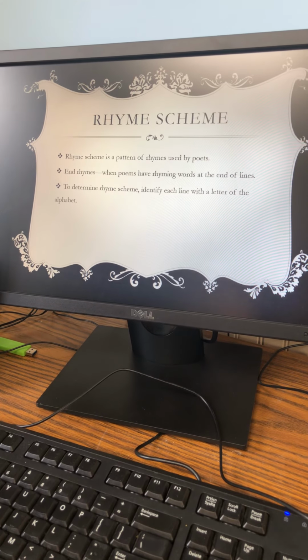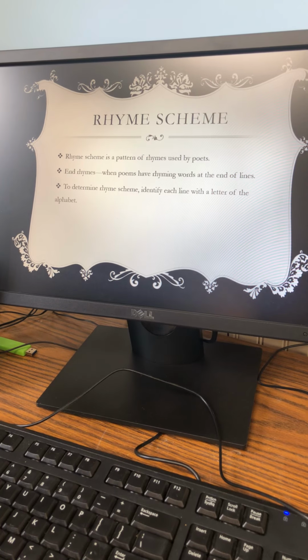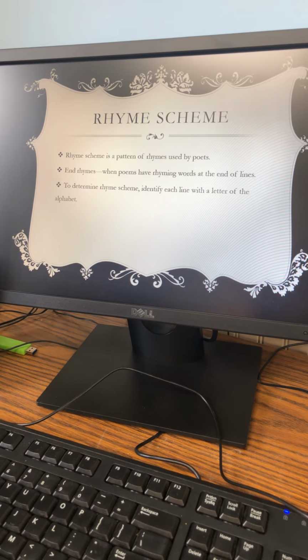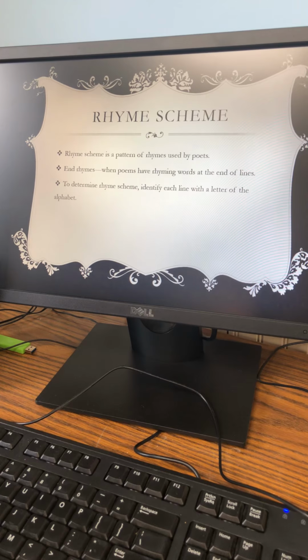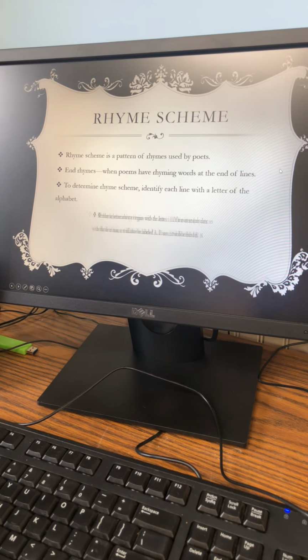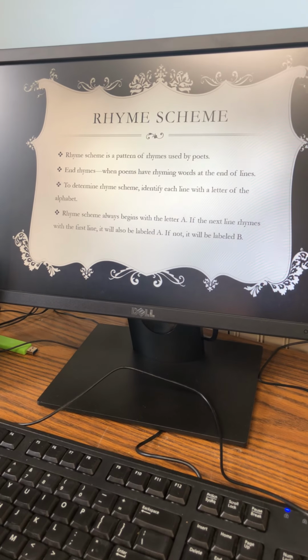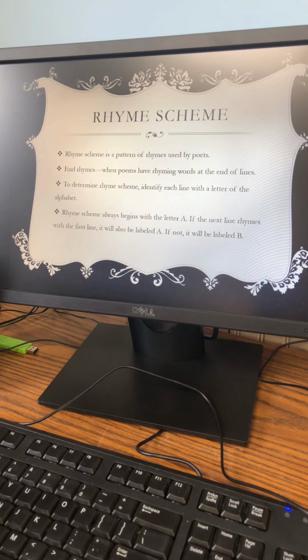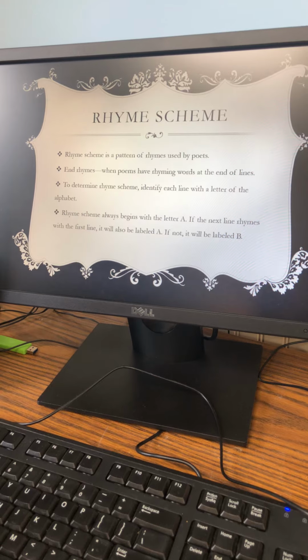To determine rhyme scheme, you identify, or I maybe should have said label, each line with a letter of the alphabet, which sounds confusing now, but it's very easy when I give you an example. You always start with the letter A because A is the first letter of the alphabet.